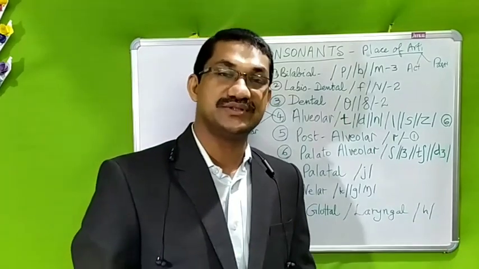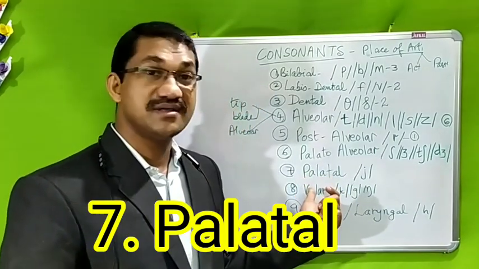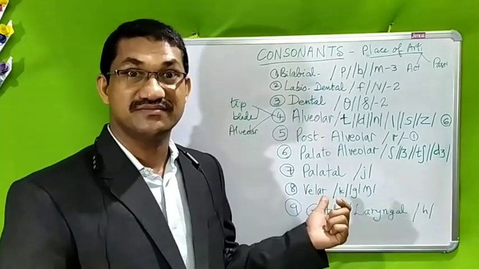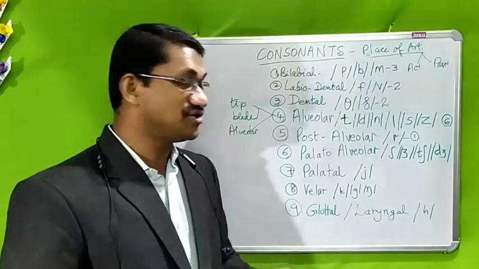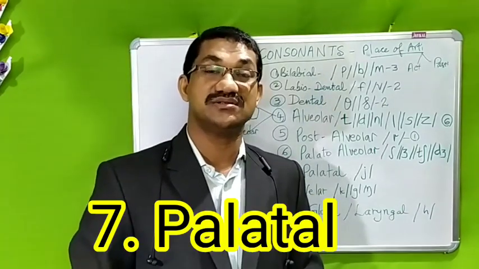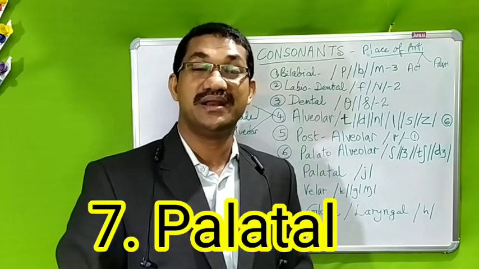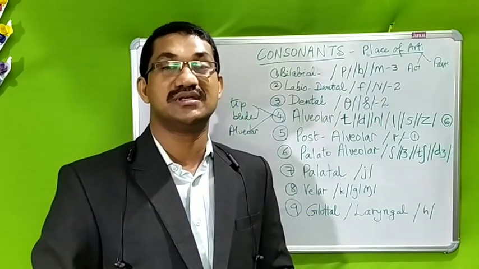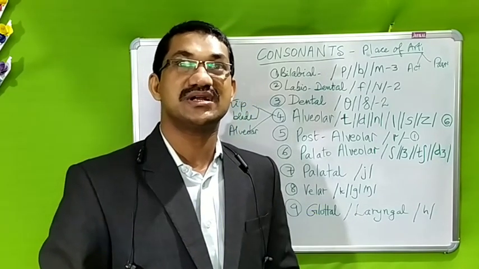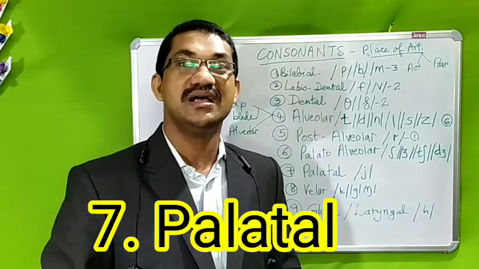And now we move on to the next category, that is the 7th category based on the place of articulation. That is of course just one. Palatal is the sound, and the palatal sound is produced with yesterday. Yeah is the sound.